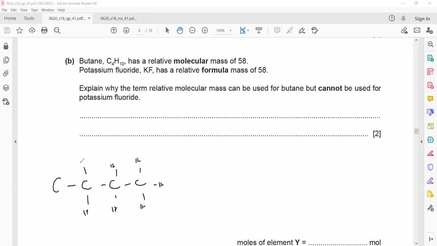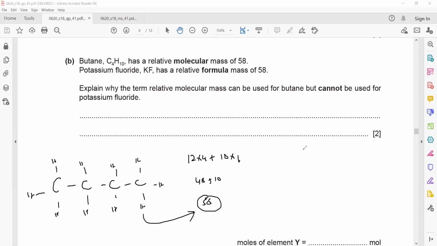That is the number of atoms present in one molecule. So for the total mass, carbon is 12 multiplied by 4, and hydrogen is 10 multiplied by 1. That will be 48 plus 10, which equals 58. So 58 is the mass of one molecule.